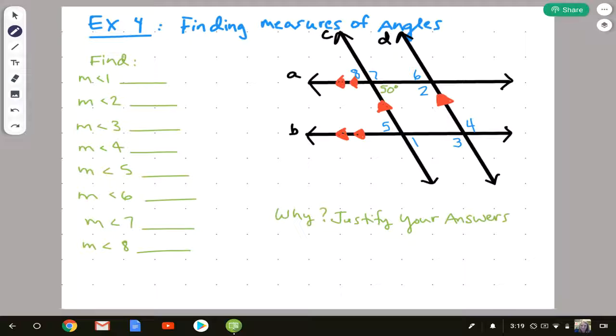So this time we have 4 lines, A, B, C, and D. C and D both have the red triangle arrowheads that are telling me those two are parallel. And A and B also have red triangle arrowheads.